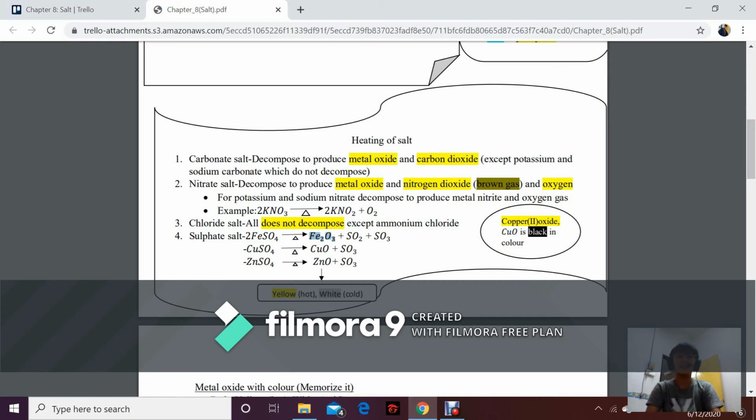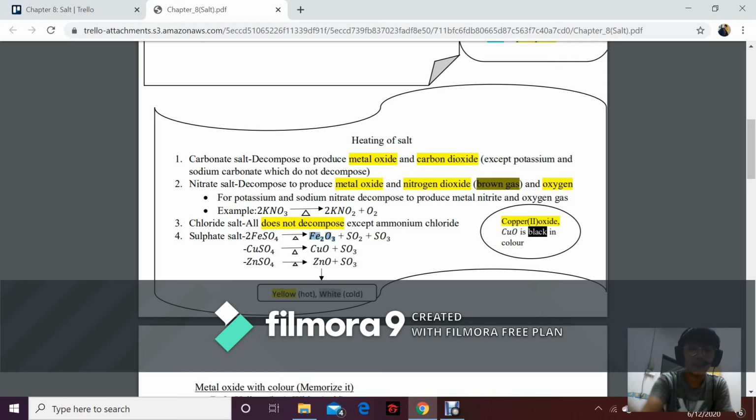Remember just now I said if you see iron 2 ion Fe2, oh sorry, this is iron 3 oxide. So how can you determine iron 3 oxide? I teach you: Fe 3 plus with O 2 negative.